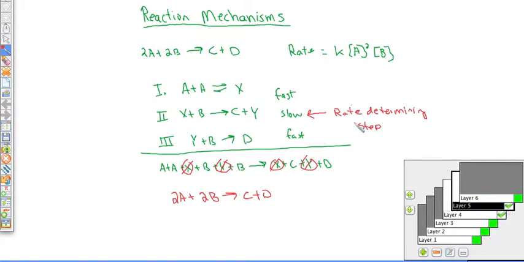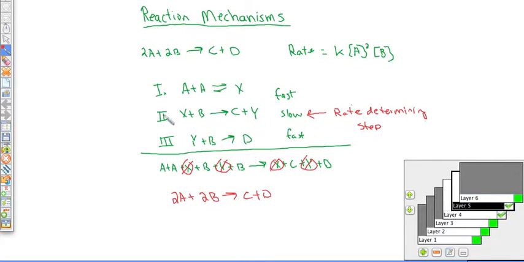Well, it's because the whole reaction has to wait for the slow step. And so because it's the one that holds everything up, it has to determine the rate because nothing can go faster than the slowest one, right? So if this whole thing is relying on this slow one finishing, they all have to sit around and wait for it.